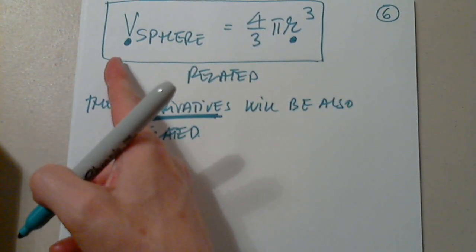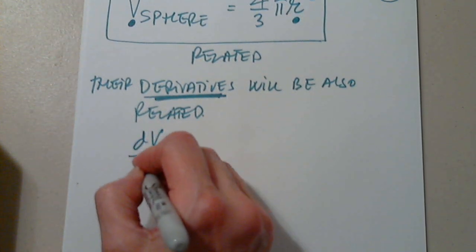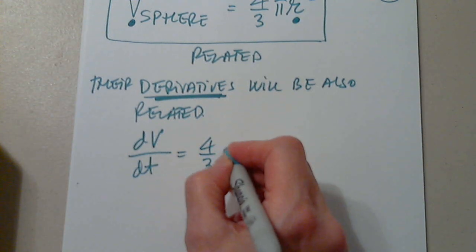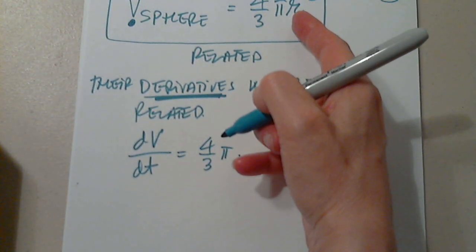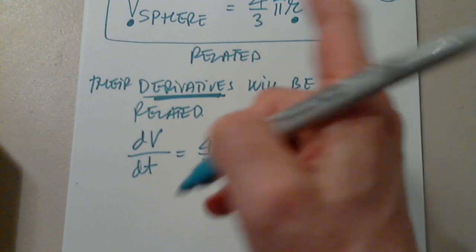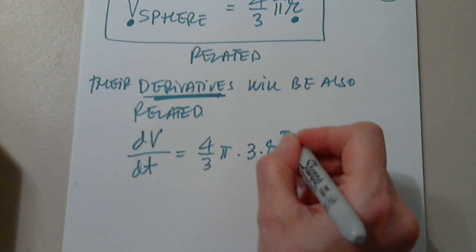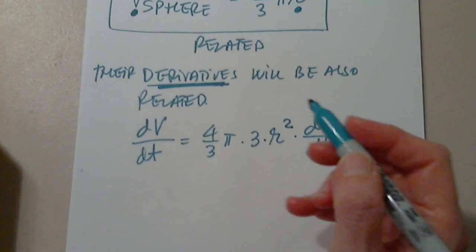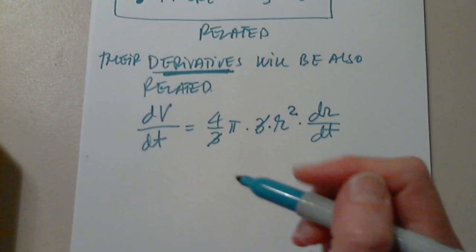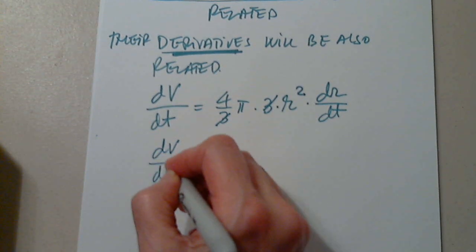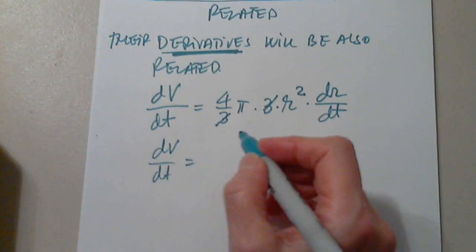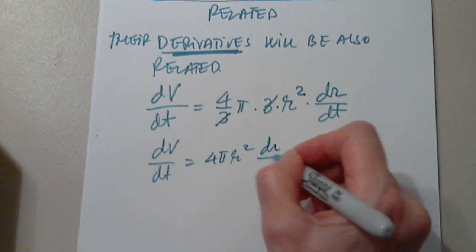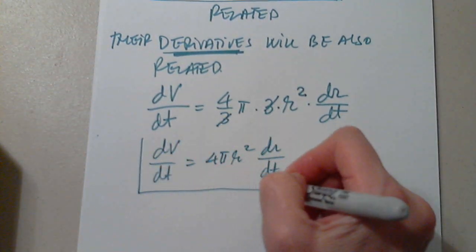When I differentiate this, I get dV over dt. I have 4/3 pi. When I differentiate this, it's a function: 3r squared times dr over dt. I will simplify. So then the derivative of the volume is related to the derivative of the radius.